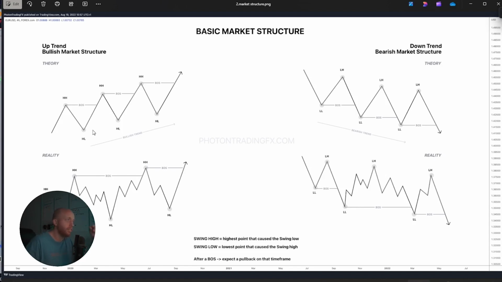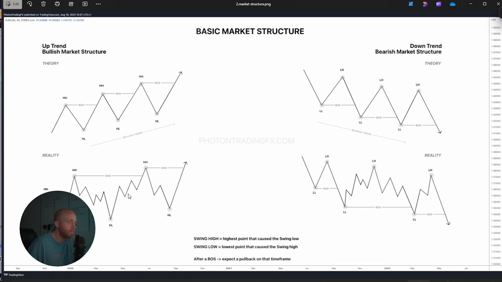In reality, it's not just going to be up, pullback, because if it was, it would be very easy to make money. In reality, you get a higher high, higher low, higher high, and then all this other stuff in here is called internal, okay?